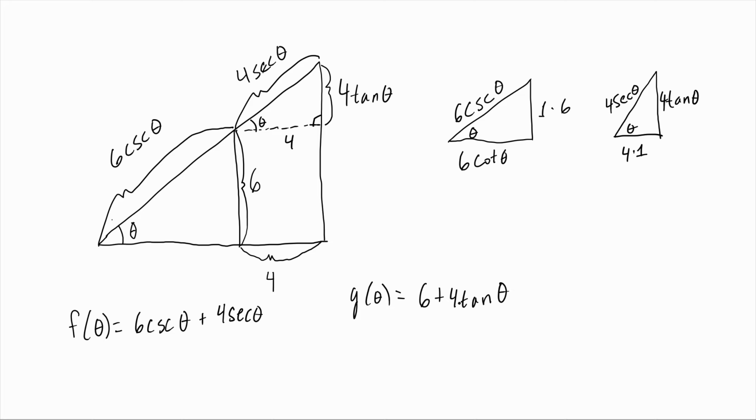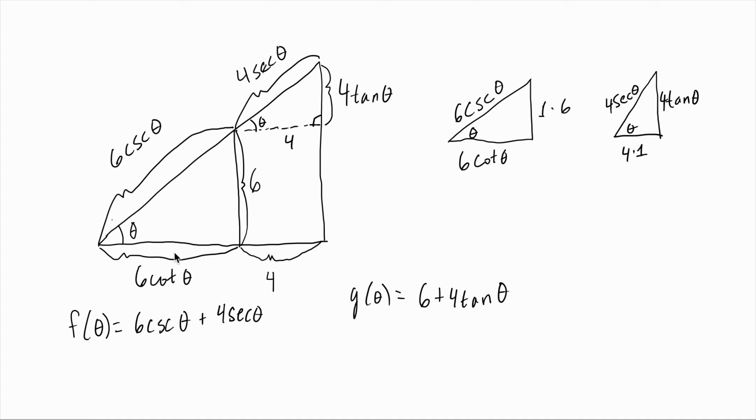Now we could have done this in various ways. We could have started off by saying this side length right here, based upon this triangle right here, would be 6 cotangent theta.